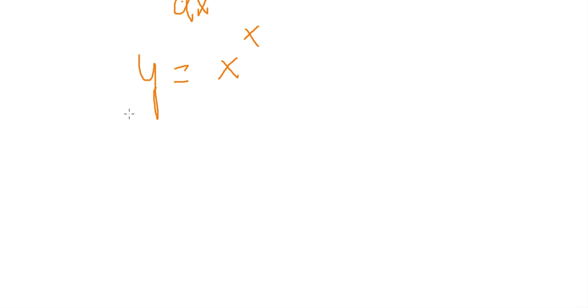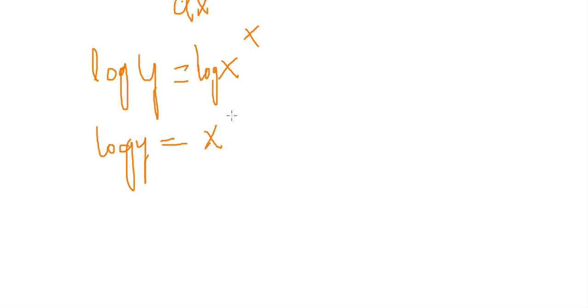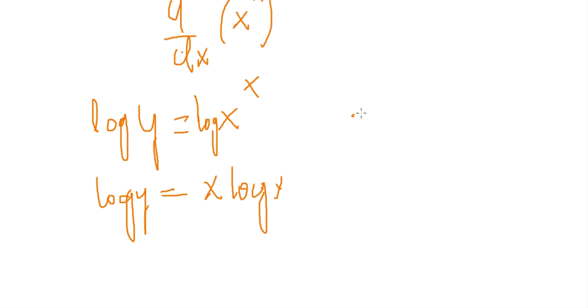So if I apply logarithm on both sides, I get log y equals x log x, because the property of logarithm is that if you have log m power n, you can write that as n log m.